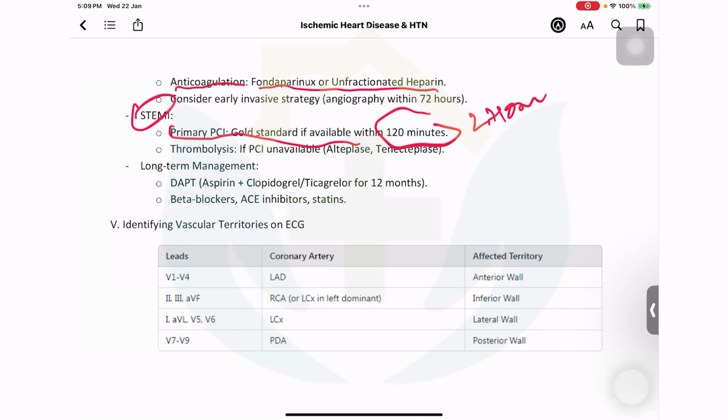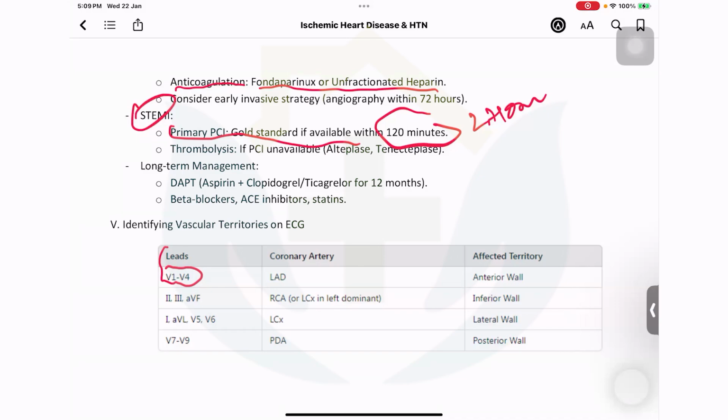What are the territories which can be used to identify the blood vessel involvement? So in ECG, we will come to the ECGs, don't worry. Leads V1 to V4, LAD territory is the projected one, and the tissue involved is anterior wall. 2, 3, aVF is classically RCA, and inferior wall is the territory involved.